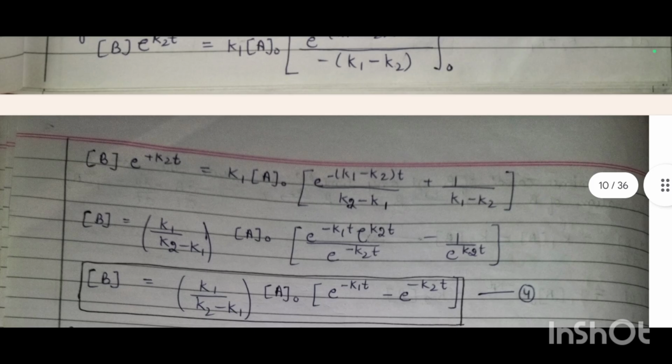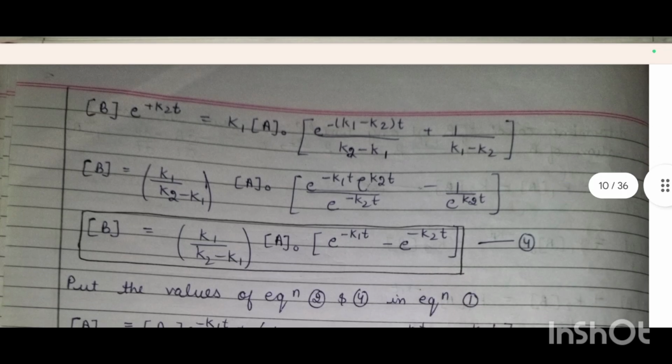So B e^(k2 t) = k1 A0 [e^(−(k1 − k2) t)/(k2 − k1) + 1/(k1 − k2)]. So the concentration of B is k1/(k2 − k1) A0 [e^(−k1 t) e^(k2 t)/e^(k2 t) − 1/e^(k2 t)].